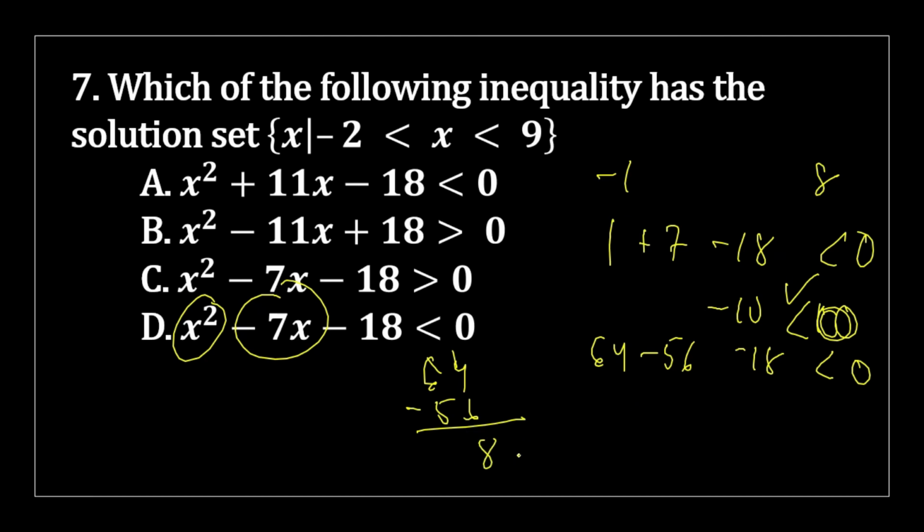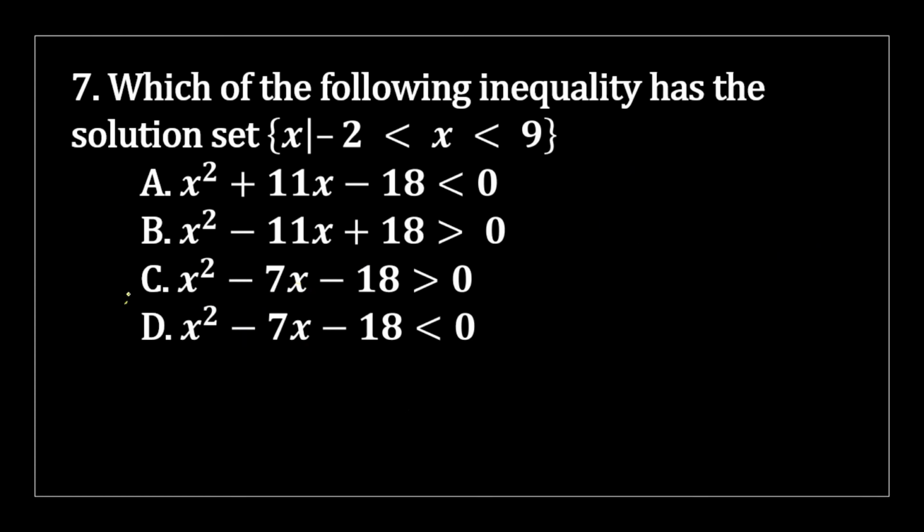Then minus 18 is negative 10. So negative 10 is less than 0. So this is correct. So the correct answer for this is letter D.